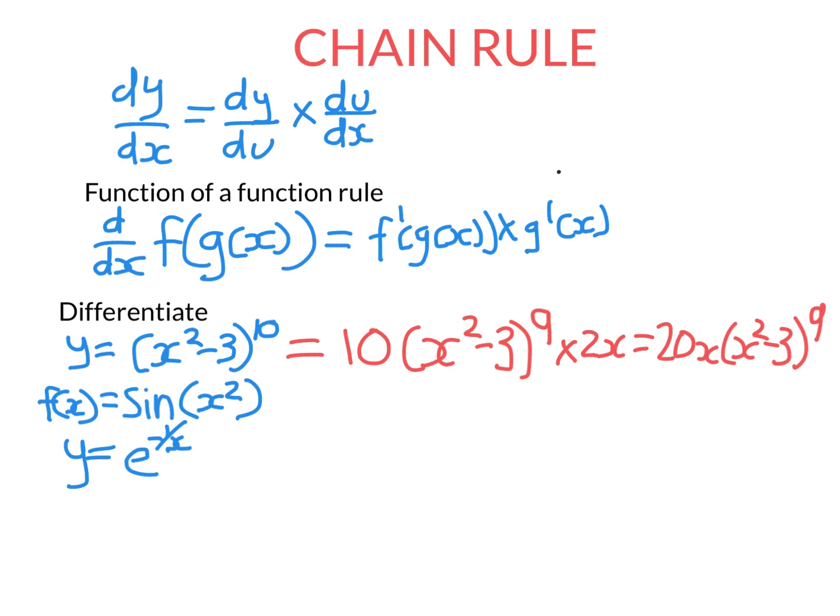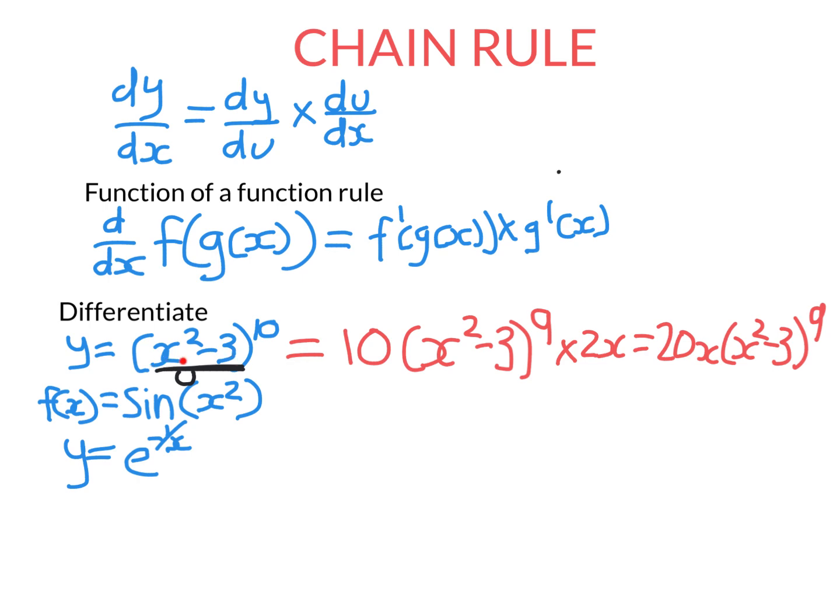See, with a function like this, if we were to expand it, that would take forever. So we needed a quicker way here. What we've essentially done is we've said that this thing inside is u. u being x squared minus 3, that's a function of x, but then it's been raised to the power of 10. So that's actually another function of x.